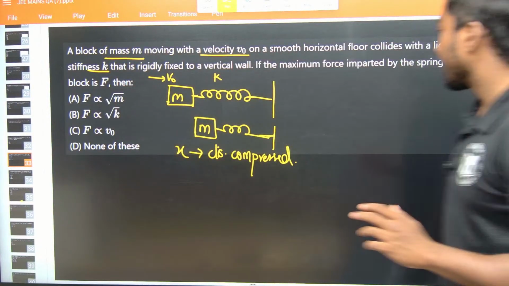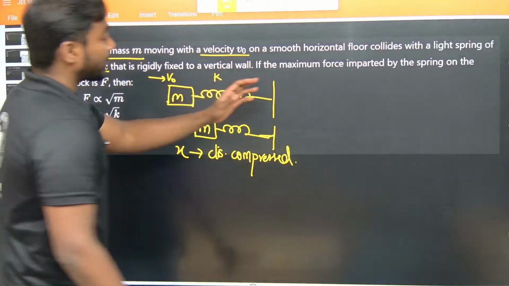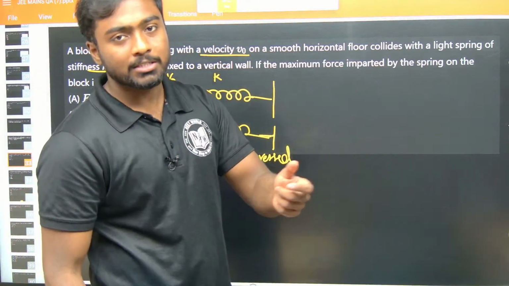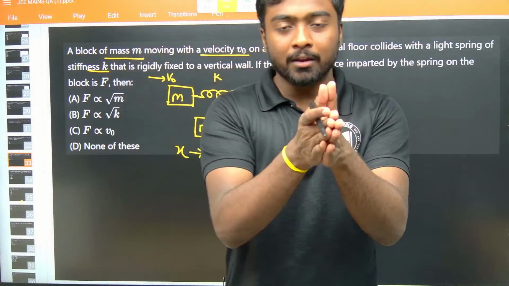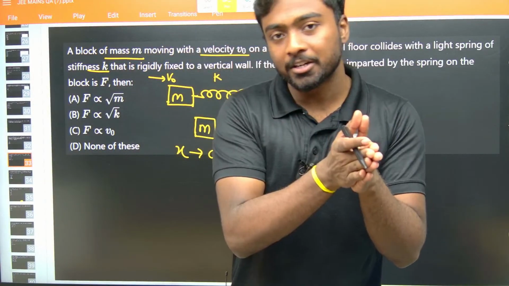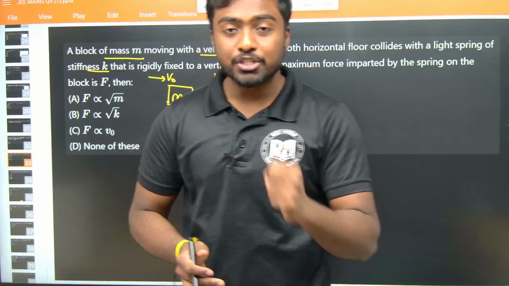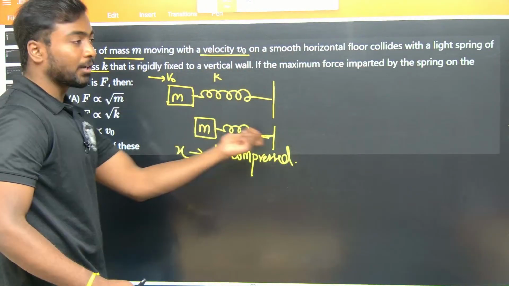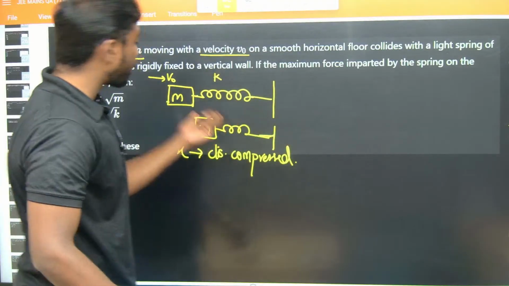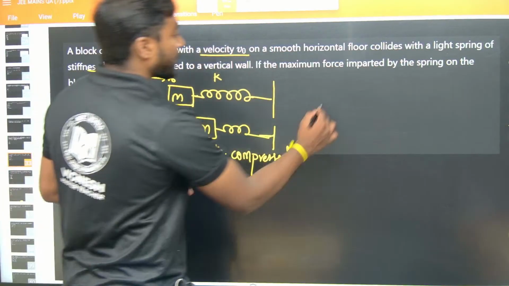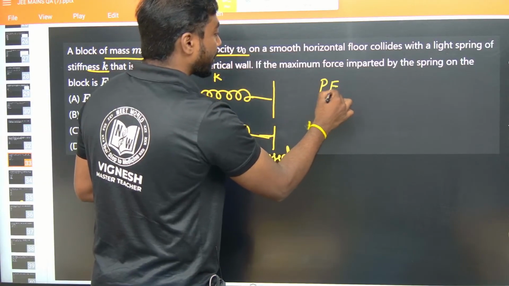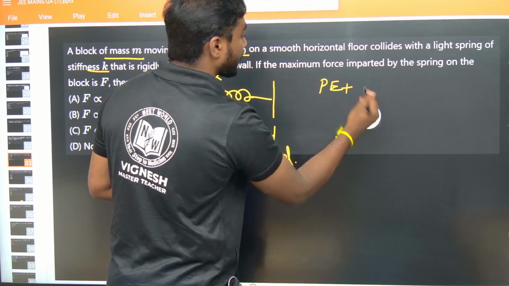So what answer are they asking? The block is moving with velocity v naught, so it has kinetic energy. After coming to the spring, it collides and the spring gets compressed, which means energy has been stored in the spring, and after that the spring will kick the block back. So the energy is conserved, potential energy and kinetic energy.